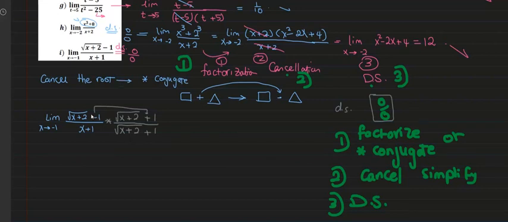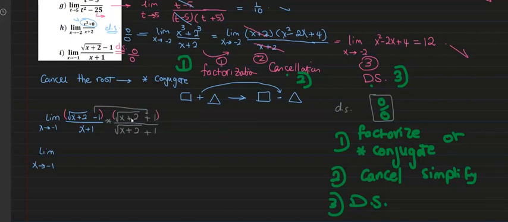Now let's multiply the numerator with the numerator and the denominator with the denominator, like we do in normal fraction multiplication, as if we're multiplying 3 over 4 times 1 over 8. This is what we always do. So think of the numerator here, that we have a factor and another factor.